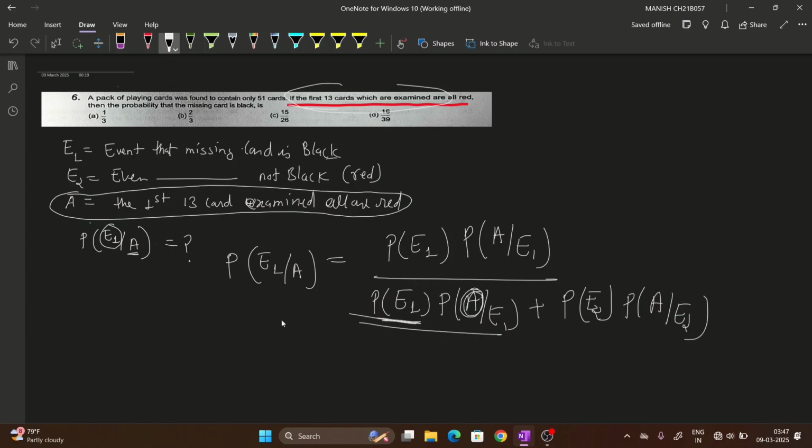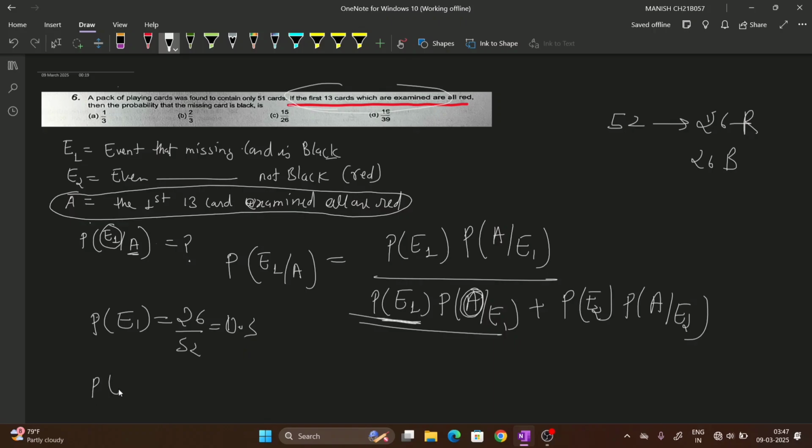So in 52 cards, 26 are red and 26 are black, right? P(E1) is the event that the missing card is black, right? So we have 26 black cards, so 26 by 52, it means 0.5.